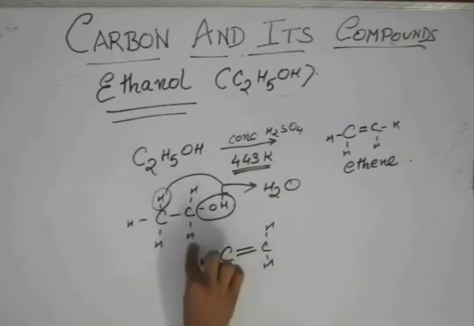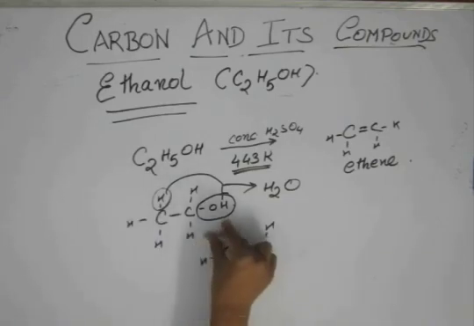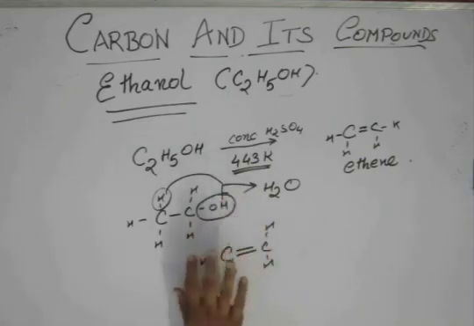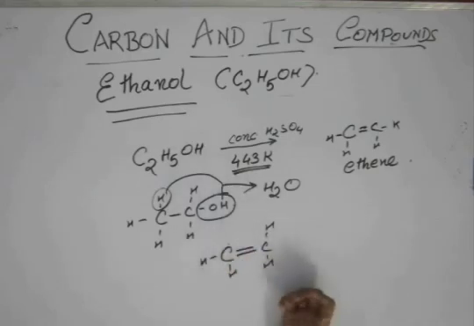Don't try to remove the hydrogen and the OH from the same carbon atom, because that will not do. It will have two bonds left, and then it will not be able to form any double bond.